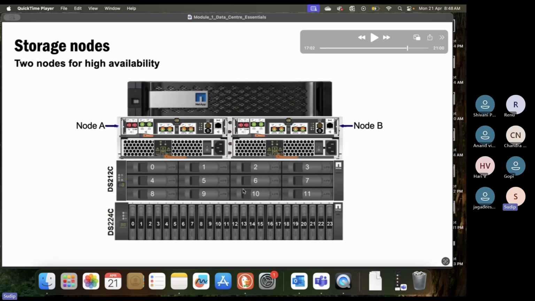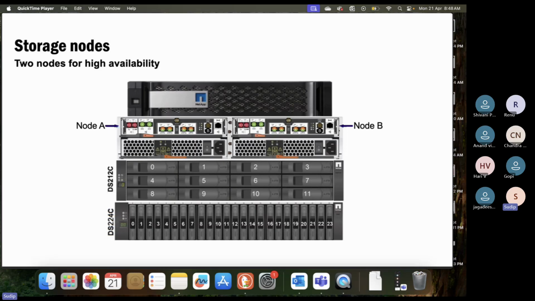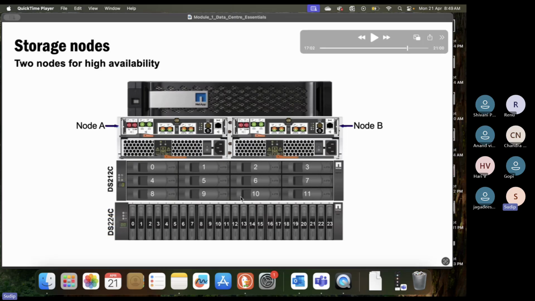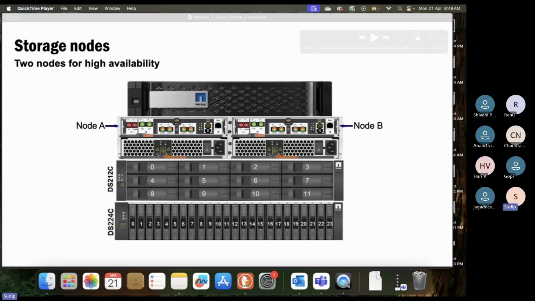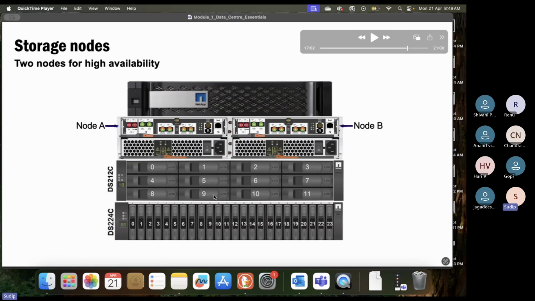These require more cooling and more cold air intake, because there are mechanical components inside, apart from electrical and electronic components. The BTU per hour, as we learned and as you can see in the specification sheets you downloaded, of a disk shelf is more than the BTU per hour of the controllers themselves.